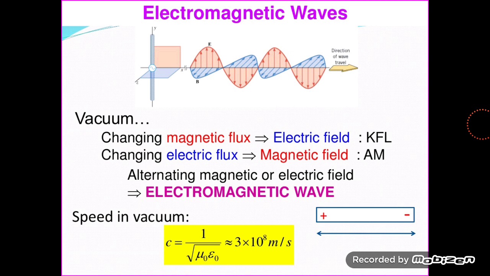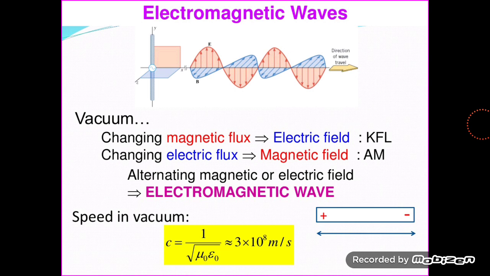The speed in vacuum of electromagnetic waves is c, which can be calculated by the formula 1 divided by the root of mu naught epsilon naught. By putting in the values of mu naught and epsilon naught, we get 3 into 10 to the power 8 meter per second.